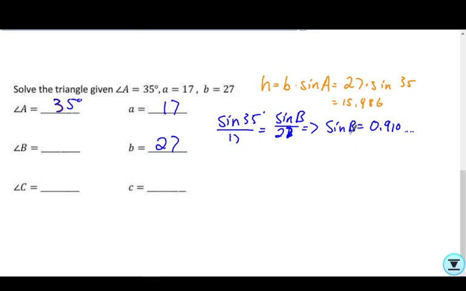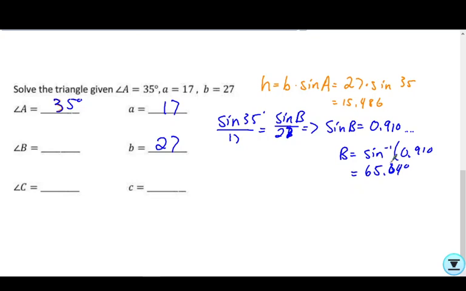Okay, so now what you're going to do is use the arc sine or the inverse sine and plug that in, and you get B equals sine to the -1 of 0.910, which means it is 65.64 degrees.